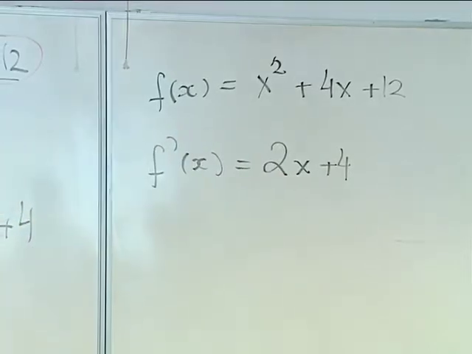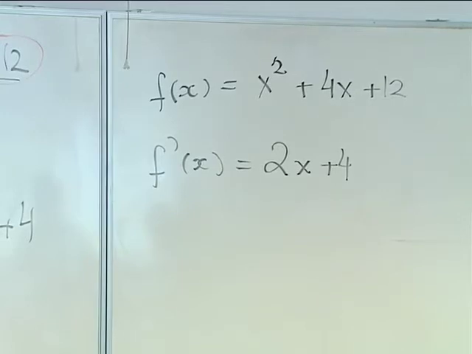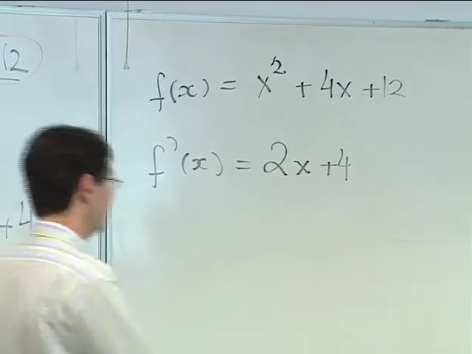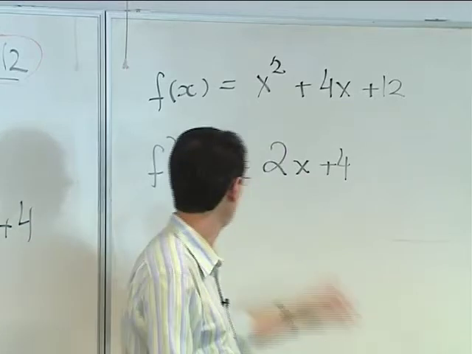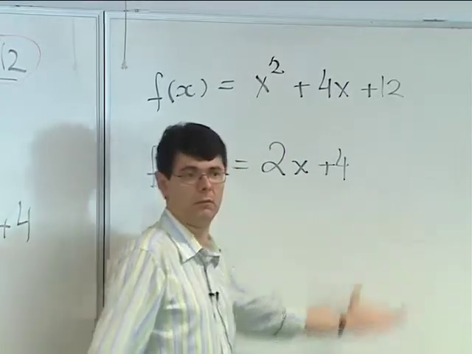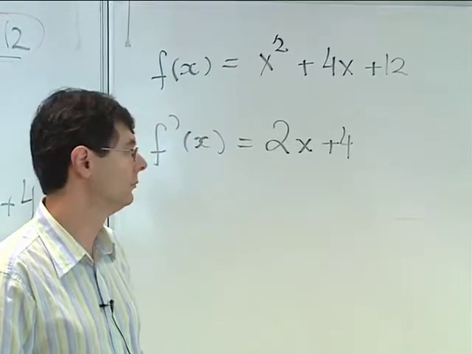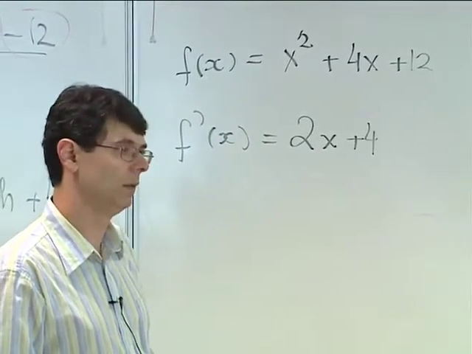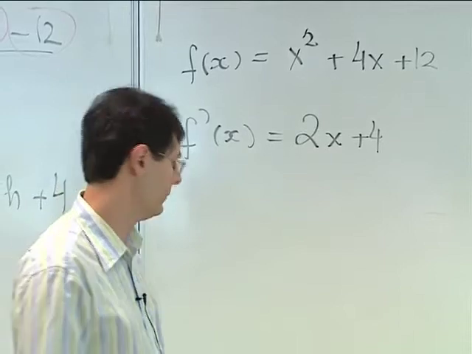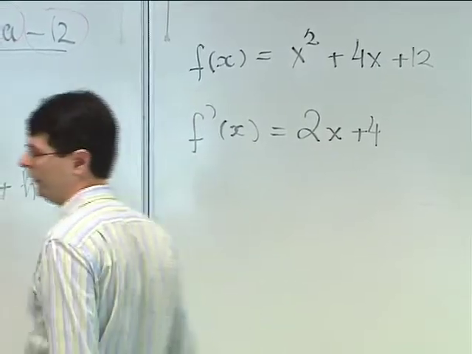Don't use A, just use x. And what it means now is, if you want to know what happens when A is 3, just put x equals 3 here. All right? Okay. So far, so excellent.